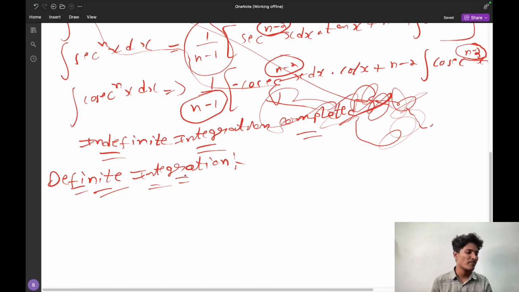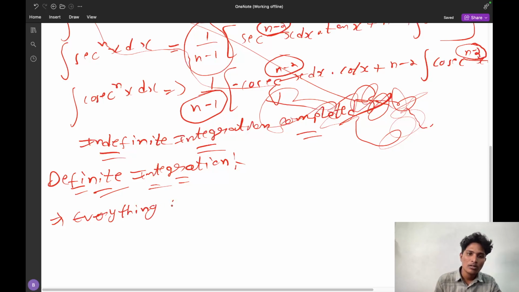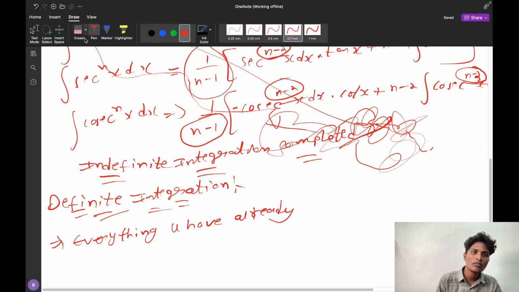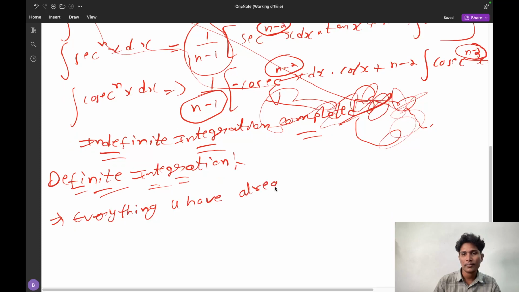Now we have to understand what is definite integration. The definite integration is small because everything you have already learnt in indefinite integration.